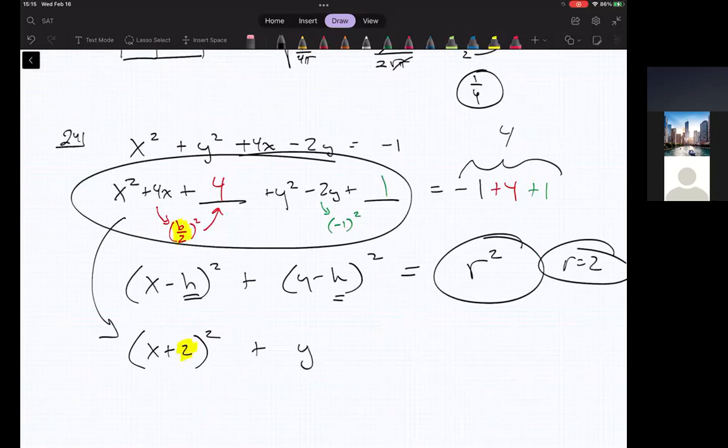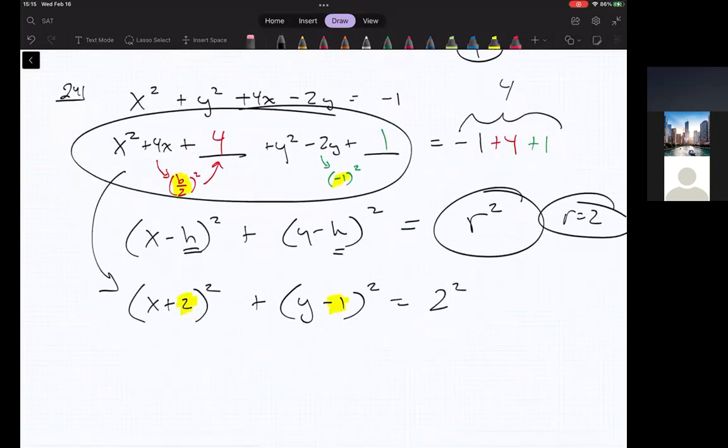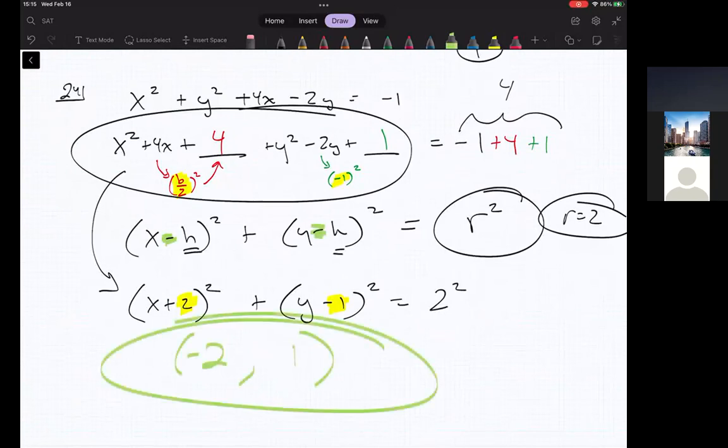And then this one is (y − 1) squared, again this value goes right here, equals 2 squared. And then the center is the opposite. So the center in this case is (−2, 1), if it was asked. You want to brush up on your completing the square for that one.